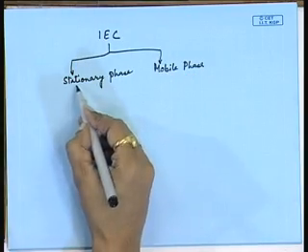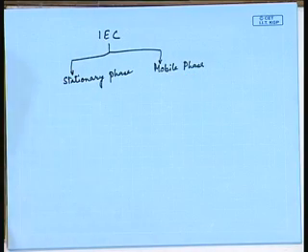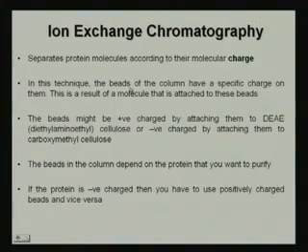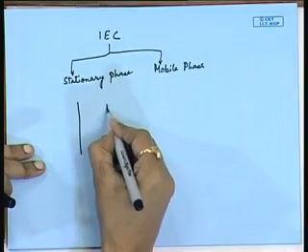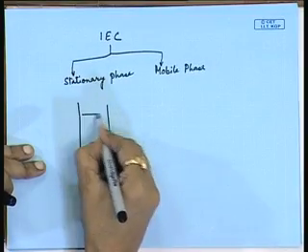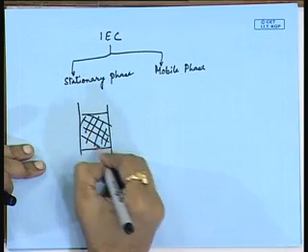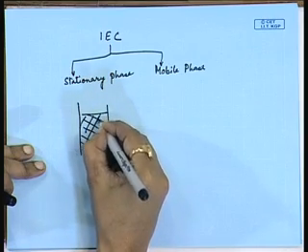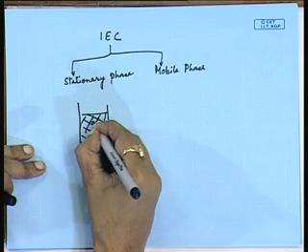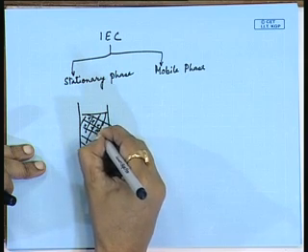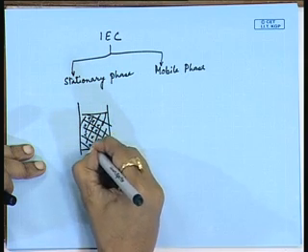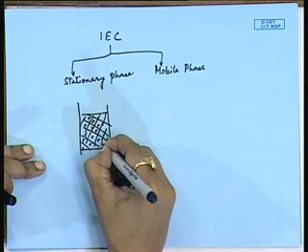Here, in this technique, the beads of the column have a specific charge. That means some materials which have a certain charge within them are packed in a column. Either it will be positively charged or negatively charged, and it is loaded inside the column.